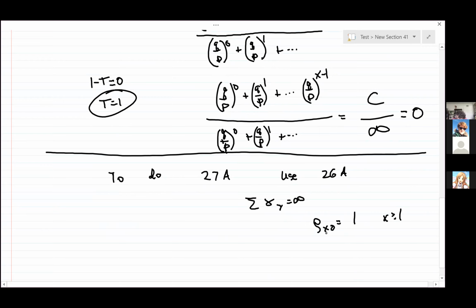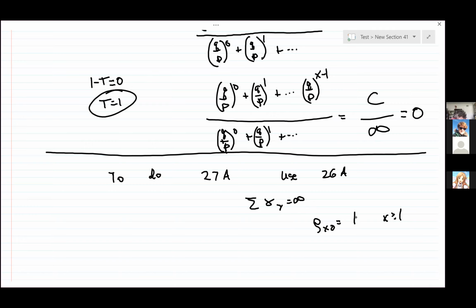And that's exactly what you're trying to see in 27a. So we're making it much harder than it had to be. If we're going to use 26, we have to believe the results there. So the results of 26a says that if the sum of the gammas diverge, go to infinity, which they do in this case when q is bigger than p, because you have a divergent geometric series that goes to infinity, then the rhos are just equal to 1. And so that follows directly from 26a.